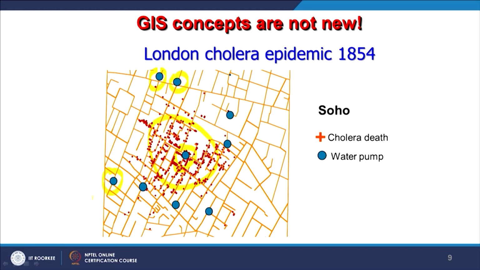So then it became very easy, and people were stopped from using the water from those particular tube wells or water pumps which were providing bad quality water to the residents, and then this cholera epidemic could be controlled, that too in 1854 and without using a computer based information system. So simple map overlay analysis was done using three layers and still solutions were found.